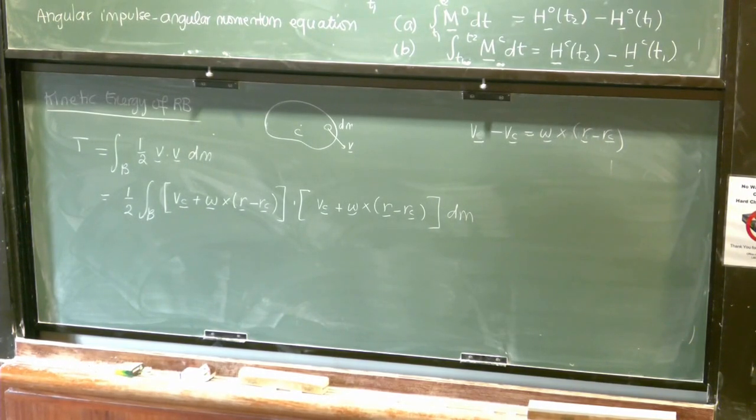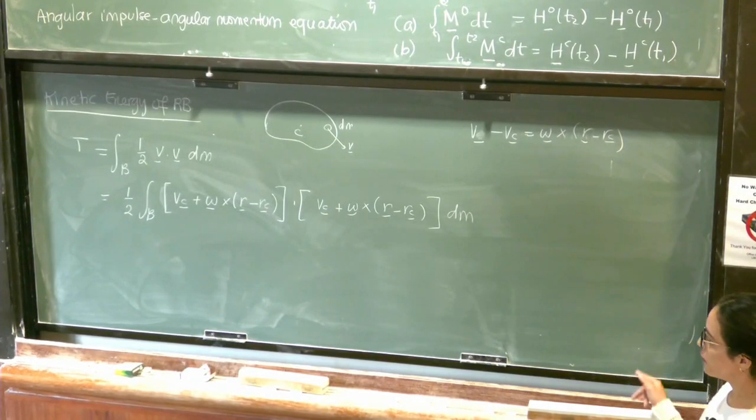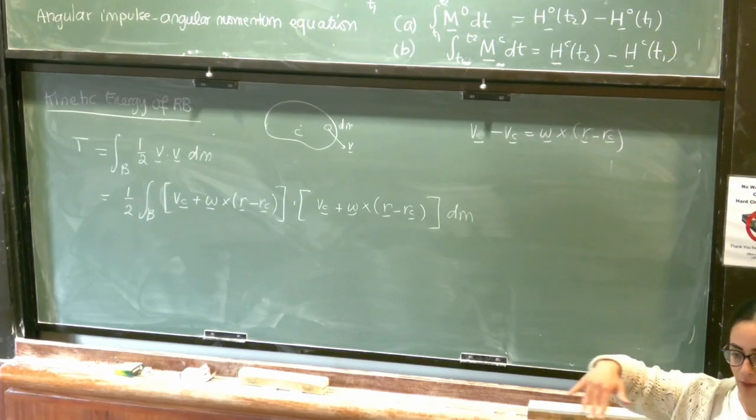Then I'm going to expand the dot product. How many terms will I get? Four terms. Two of them I can combine, they're the same.